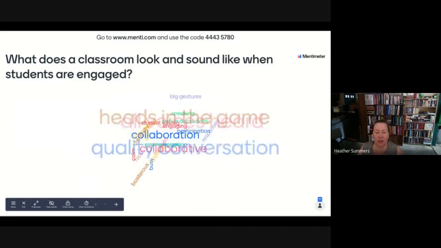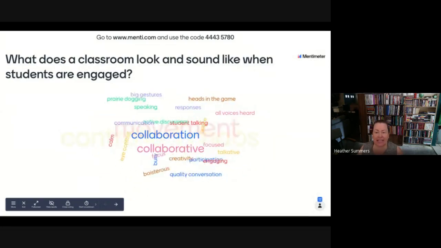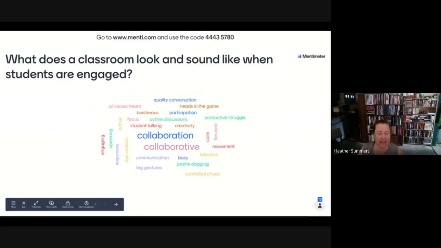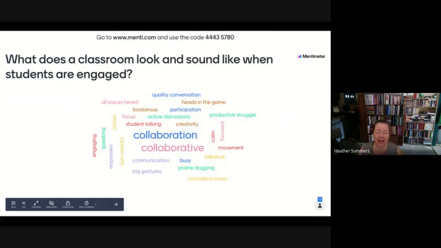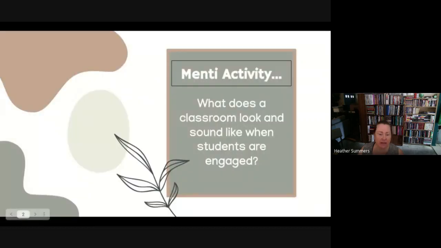So as you may be able to see, student engagement is not a one-size-fits-all kind of answer. So I'm going to go back. I will collect all of the thoughts from that word bubble and add it into our slide deck that you guys will have access to, so that you can see all of those words as we are looking through and building our plan.